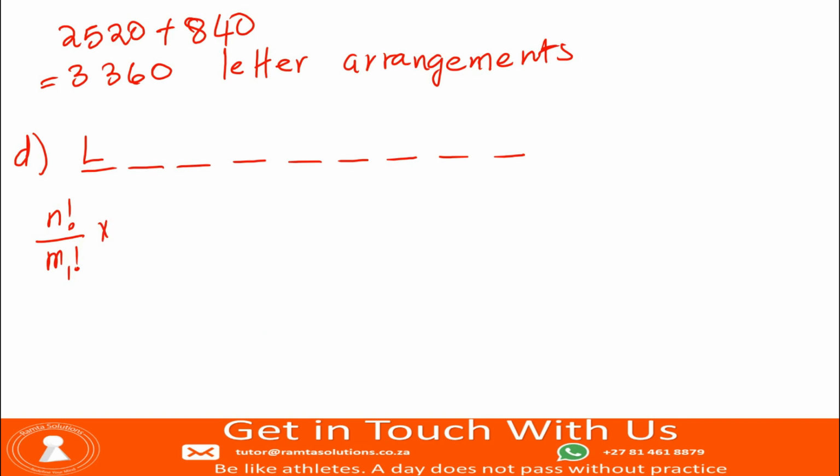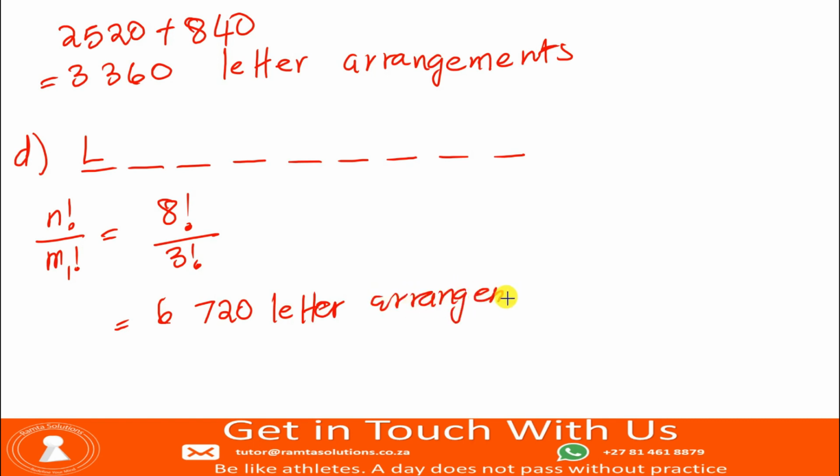Out of those 8 letters, 3 of them are the same. Our answer is 8 factorial over 3 factorial, which is 6,720 letter arrangements. Okay? This is it for number D.